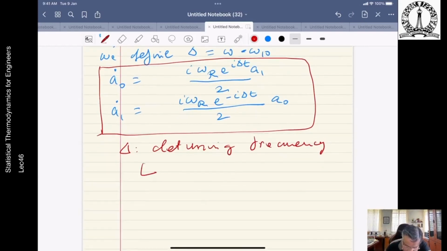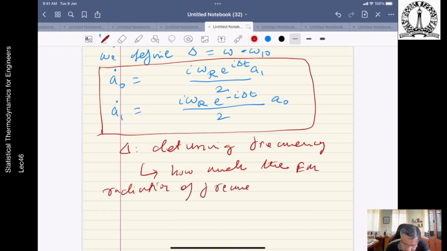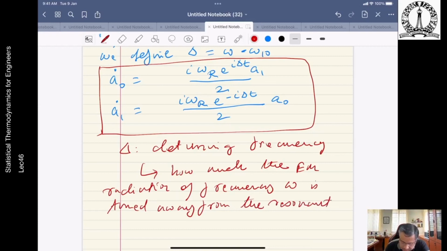Because this tells us how much the electromagnetic radiation of frequency omega is tuned away from the resonant frequency, omega 10.